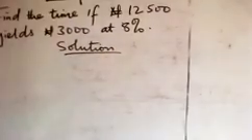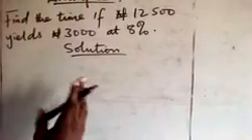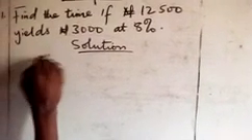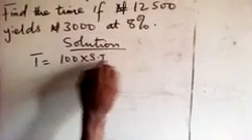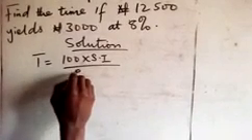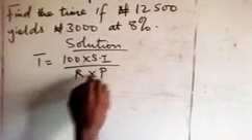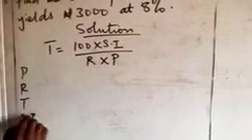The first thing we'll do here is to write out our formula, and our formula is time equals 100 times simple interest over rate times principal, or principal times rate.